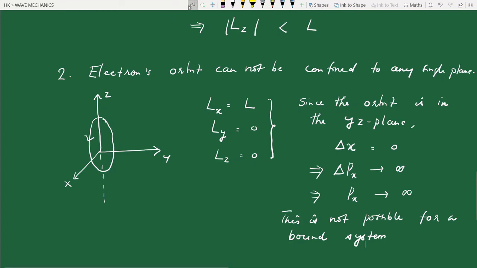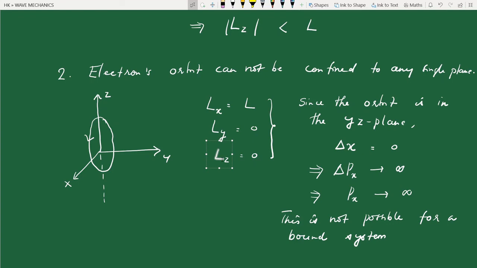So if it is confined to the yz plane, the value of the total angular momentum will be equal to Lx, the perpendicular component, and the other two components, Ly and Lz, the components in the plane, will be 0. So when the orbit is confined to a plane, the three components are clearly specified. But this is not possible according to the uncertainty relationship.